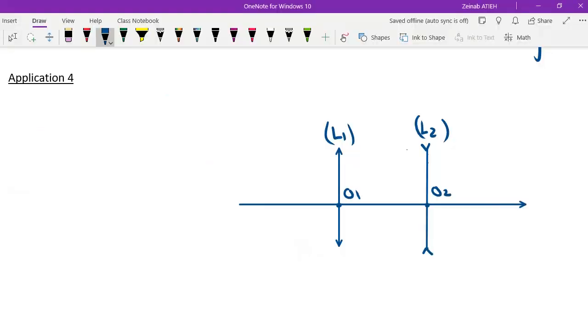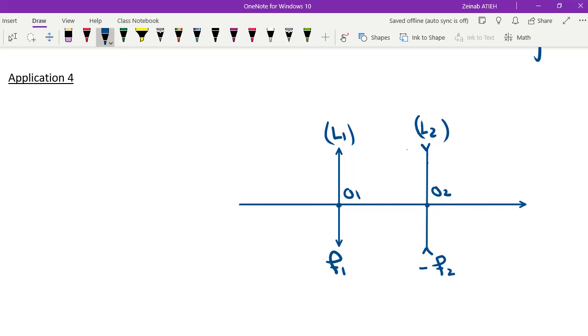I've drawn a figure. L1 is the converging lens, you saw its symbol. O1 is the optical center of this lens. L1 has focal length f1 because it is positive. Okay, L2 is the diverging lens with optical center O2, and its focal length is negative, minus f2, because the question says F1 and F2 are given as absolute values, meaning they are positive.